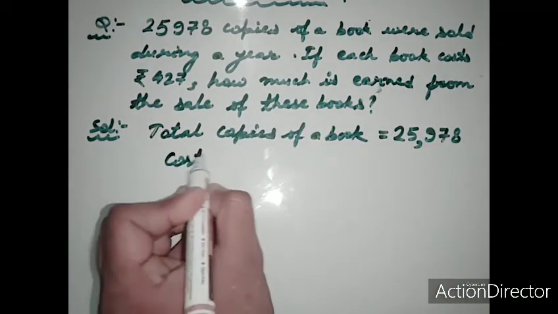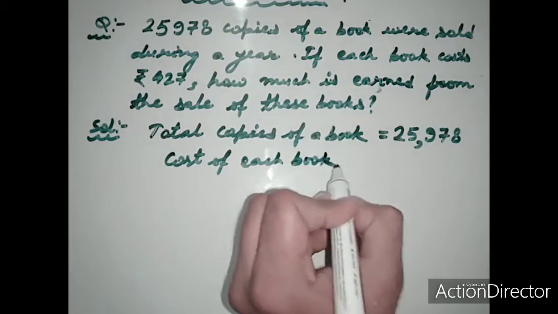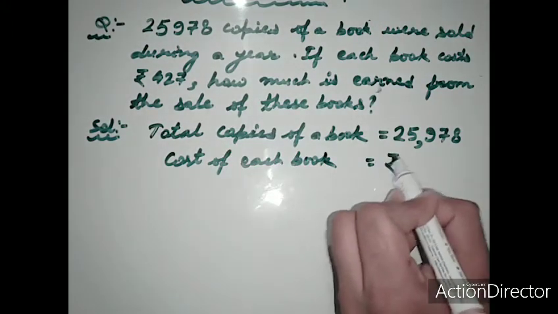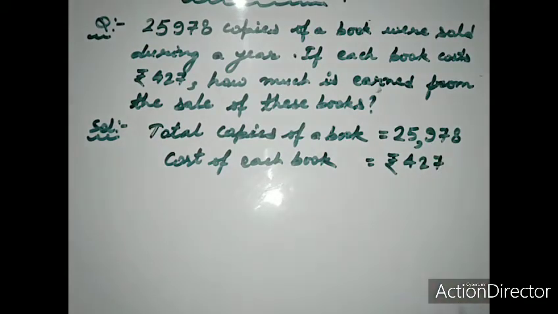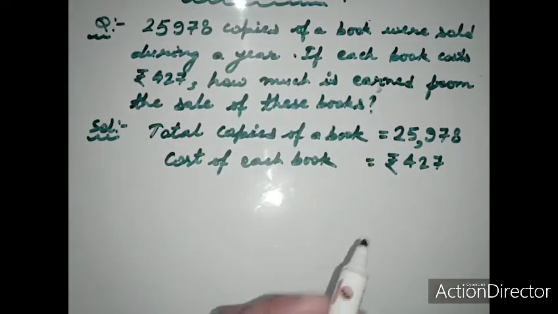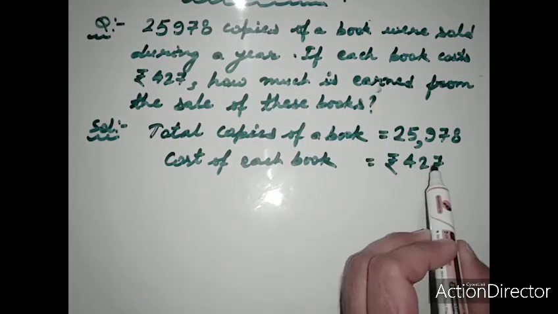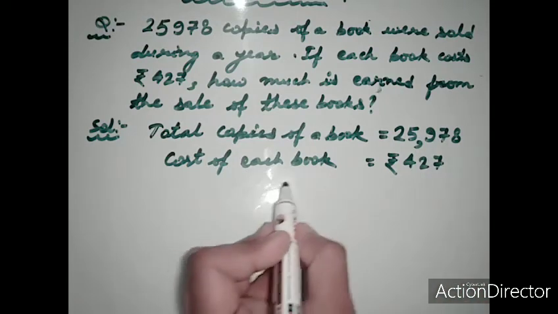Now we write cost of each book is equal to rupees 427. So now we find how much is earned from the sale of these books. So what we do here, we multiply the cost of each book with the total number of books.